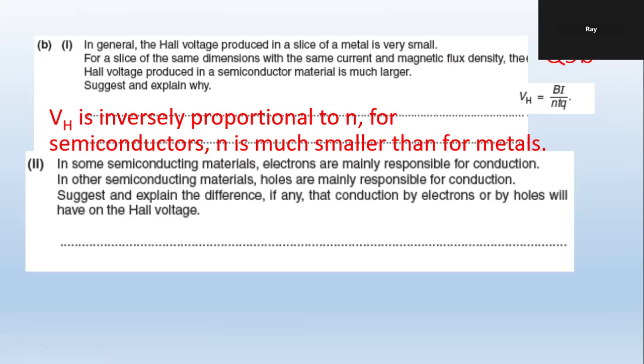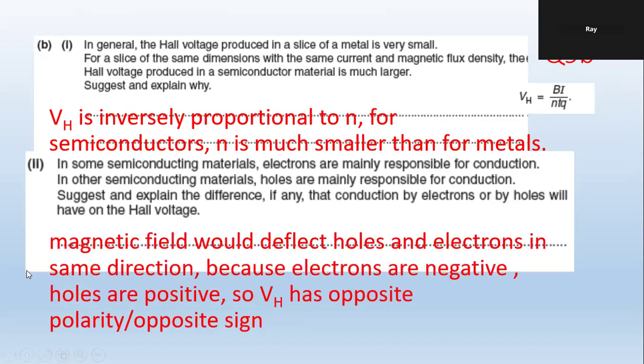Suggest and explain the difference, if any, that conduction by electrons and holes will have on the Hall voltage. The magnetic field will deflect holes and electrons in the same direction.